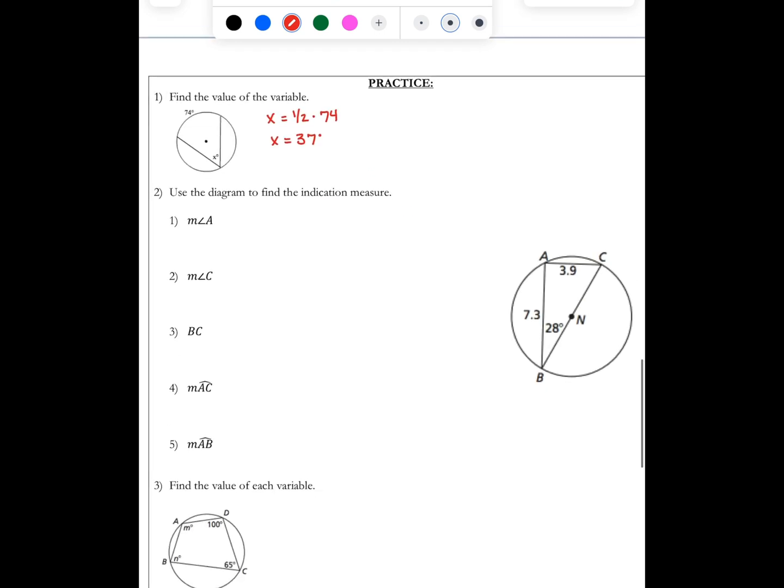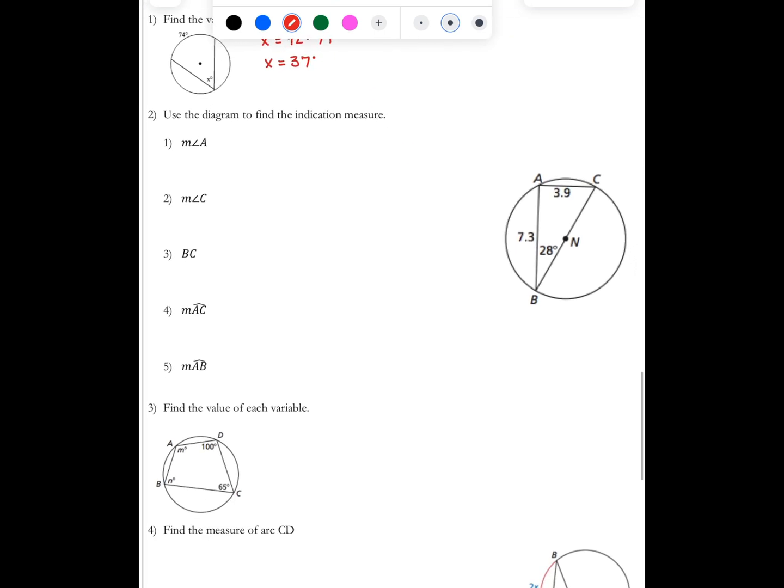Number 2 has multiple parts to it. If we look at angle A, we need to find this angle here. Because we know that CB is a diameter, because it cuts through the middle of the circle at point N, and it also has endpoints on the circle.